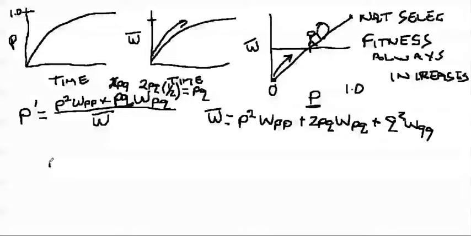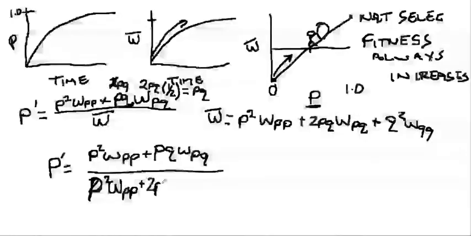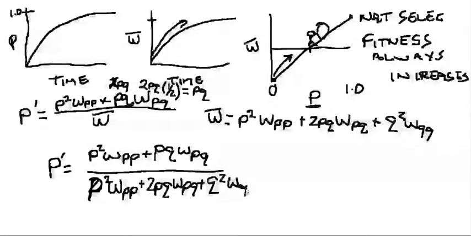So we end up with being able to predict what the frequency of P is going to be one step into the future by using the equation P squared WPP plus PQ WPQ, all divided by P squared WPP plus 2PQ WPQ plus Q squared WQQ.